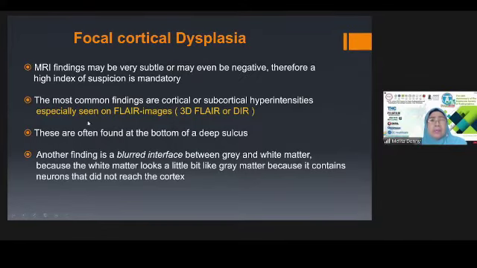Usually you use 3D FLAIR or double inversion recovery to find that. Often the abnormalities are in the bottom or the deep sulcus of the temporal lobe. Another finding is a blurred interface between gray and white matter. This is very difficult to find.